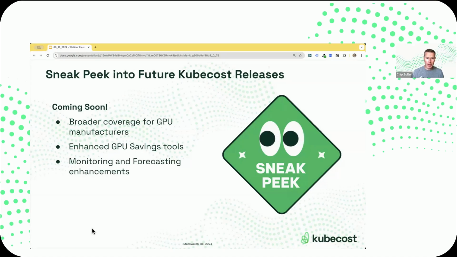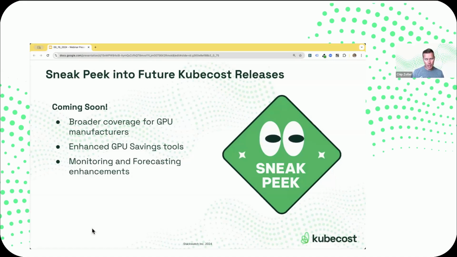In the next few releases, you can expect to see some GPU related savings and optimization insights come directly to Kubecost that allow you to not only see what your GPU utilization is, but an understanding of how you can save money. And in some cases, it could be spending money, right? If we see that there's an optimization here where, for example, maybe you aren't able to schedule workloads very effectively because of lack of GPUs, we should be able to do both.